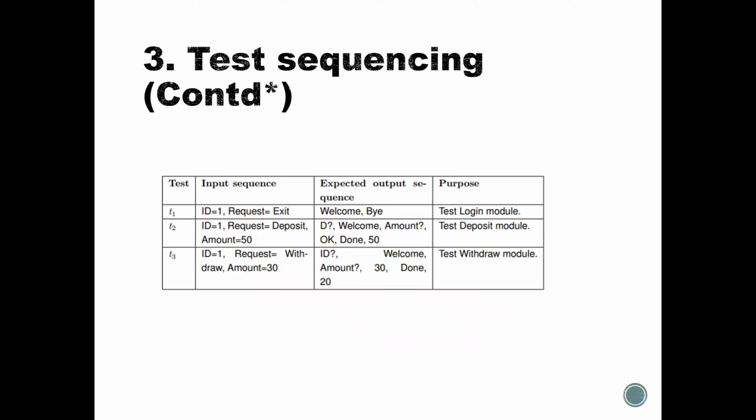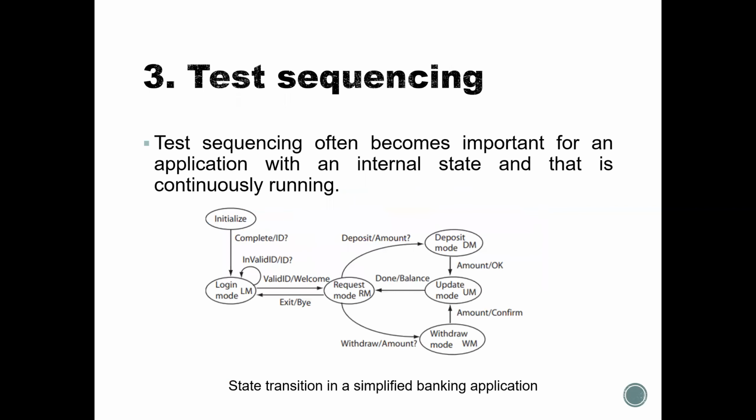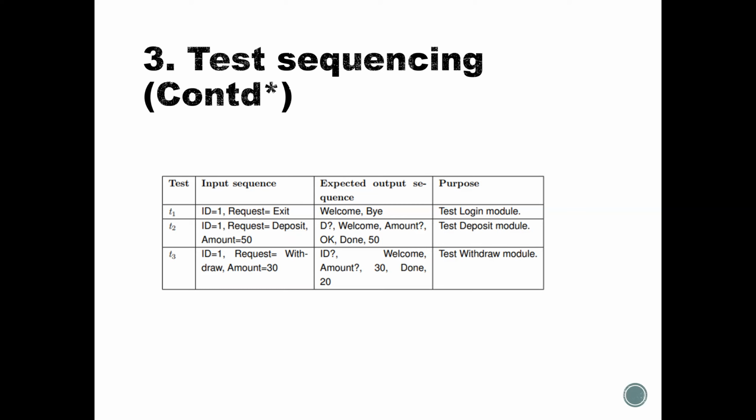Seeing this test case, you may think these test cases are not enough to test the entire functionality of our banking application. But just to make you understand how exactly test sequencing is very important, we are using this scenario.